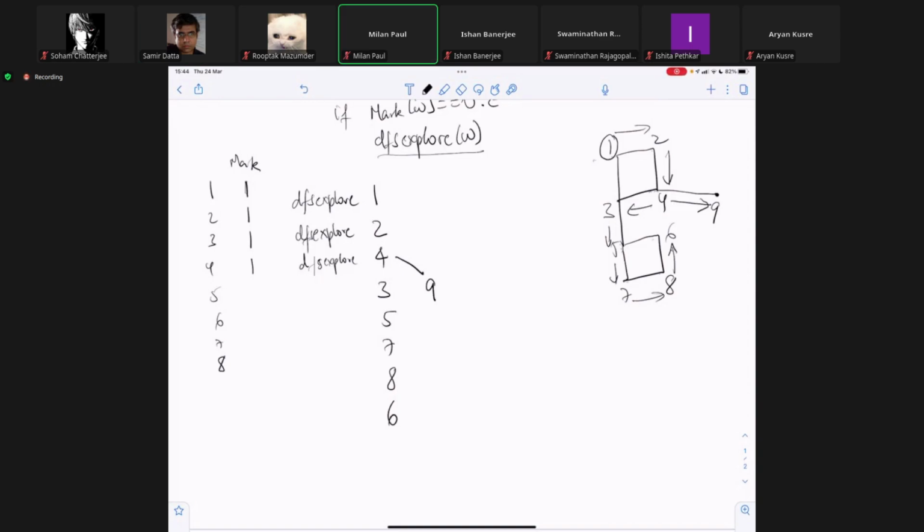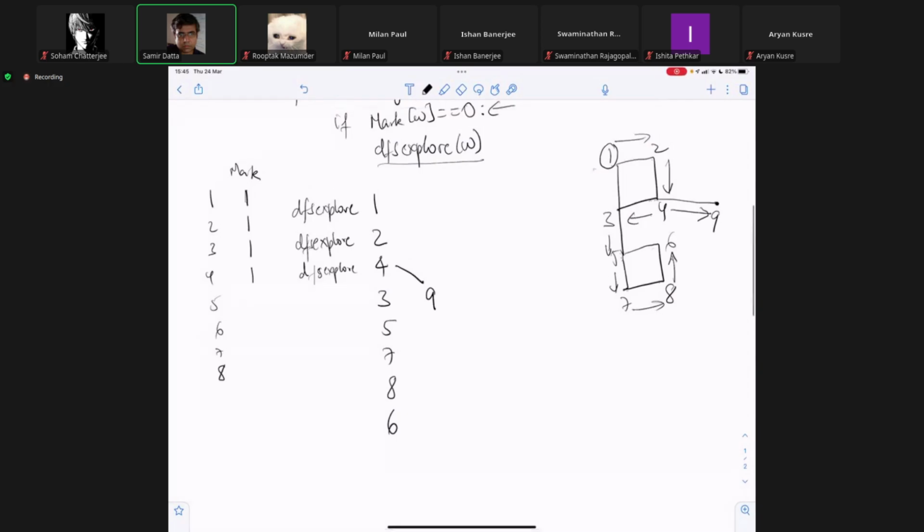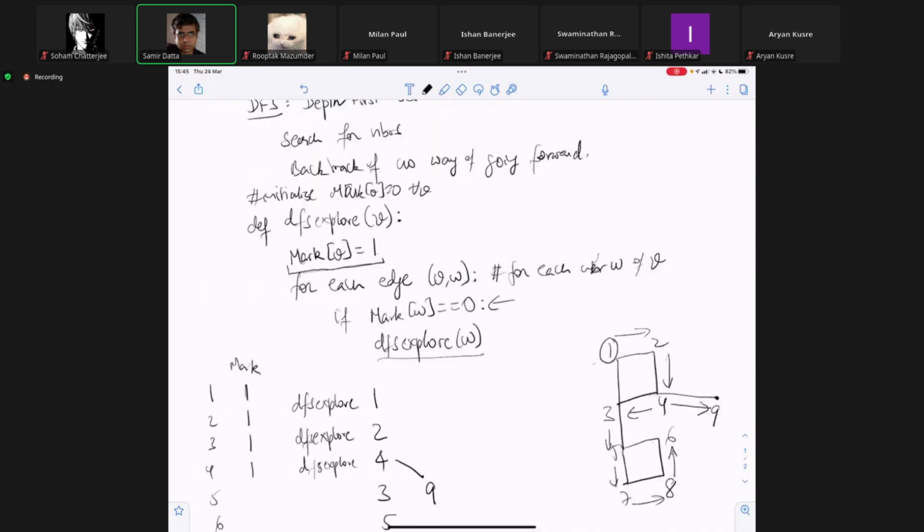Yes, sir. Okay. So having said that, now this DFS explore procedure, you can also make it count the number of components. And how would you do that?